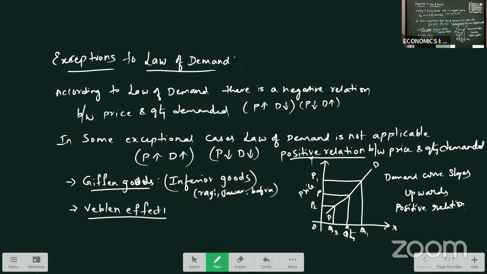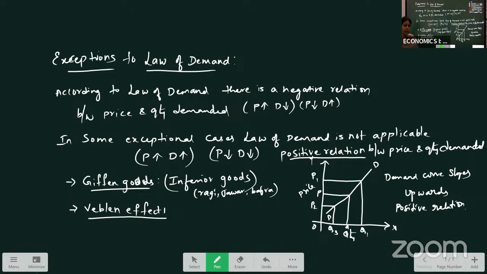Thorstein Veblen is a famous economist, who pointed out that for some goods, though the price increases, demand also increases, like diamonds, costly furniture, luxury items. In this case, what will happen?